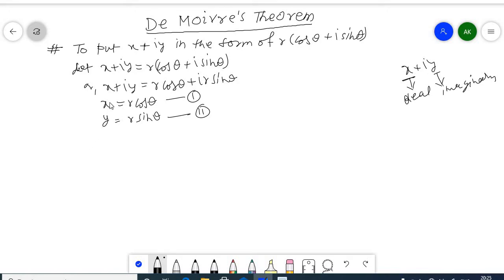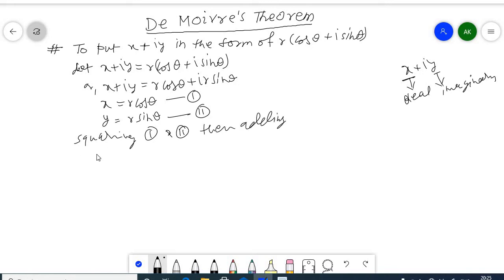Now squaring both these equations and then adding. Squaring 1 and 2, then adding.